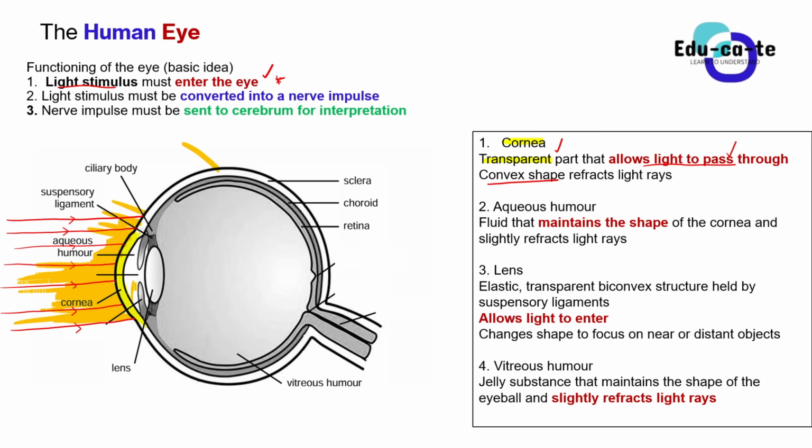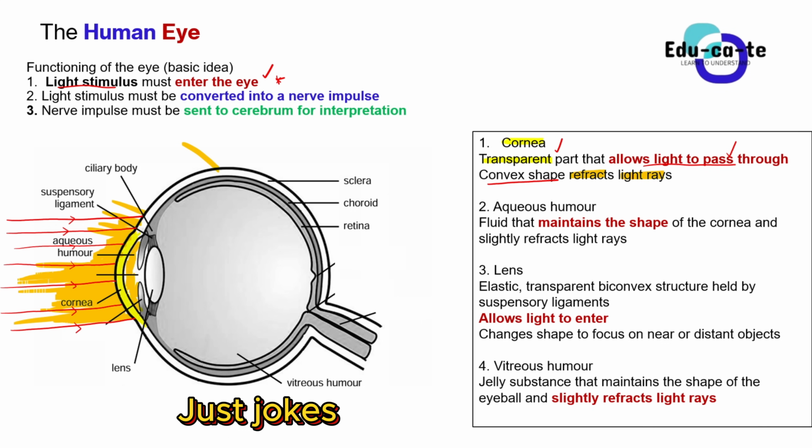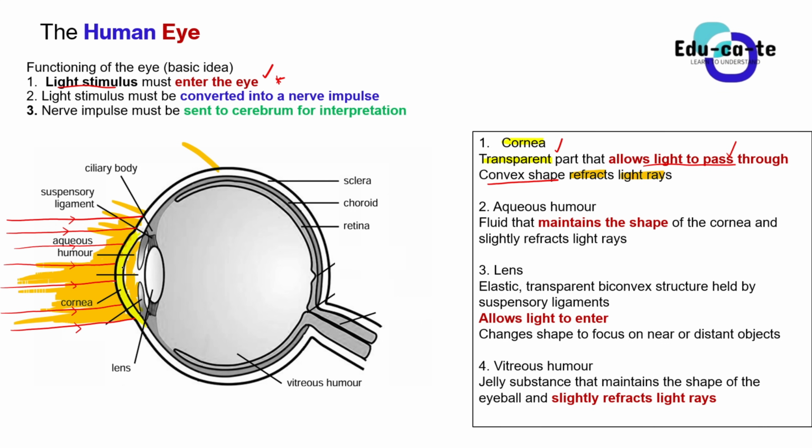So when the light is entering there, it is actually bending. The light enters and bends inside. So when you see the words refract light rays, it just means that as the light rays are entering your eye, because your eye is small, not all of them are going to enter, only a portion of them.